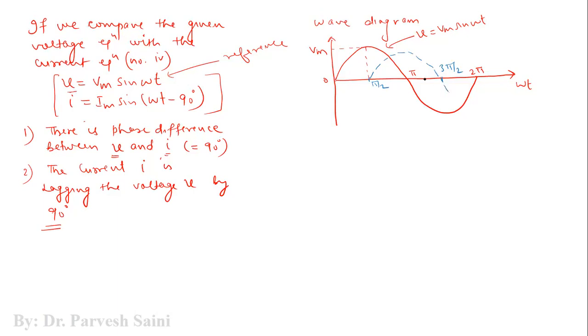and it will cross the next 0 90 degrees after the voltage, and it will complete its one cycle 90 degrees after the voltage completes its cycle. So this is what we call the lagging concept. If you extend it here, there will be a negative maximum at this particular point. This is the peak value of the current.